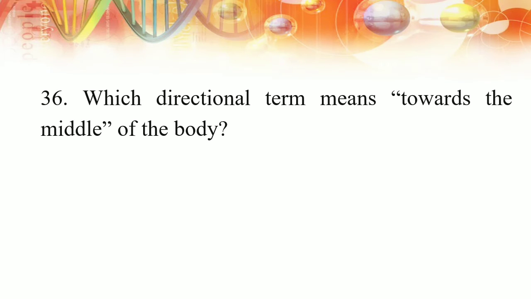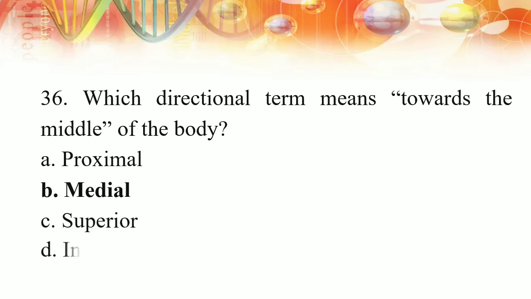Number 36. Which directional term means towards the middle of the body? A. Proximal, B. Medial, C. Superior, D. Inferior. Inferior or caudal describes a position below or lower than another part of the body proper. Example, the pelvis is inferior to the abdomen. Superior or cranial describes the position above or higher than another part of the body proper.